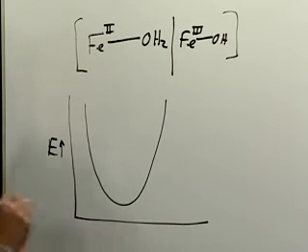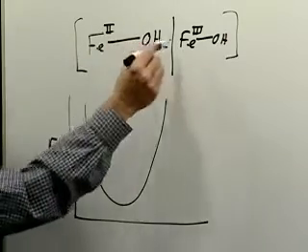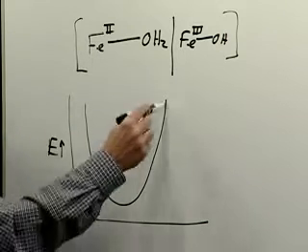I want to consider the coordinate that consists of the antisymmetric stretch for the bond, where we have the long ferrous and the short ferric, and we want the ferric to expand at the same time that the ferrous is shortening. And this will give us this sort of potential energy surface.